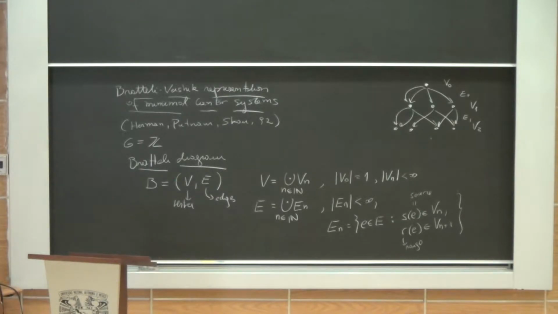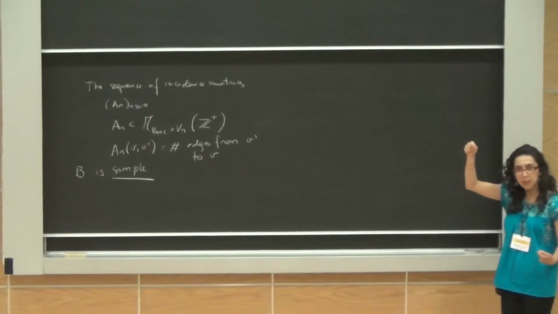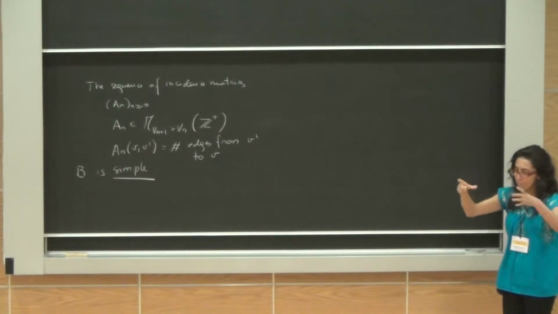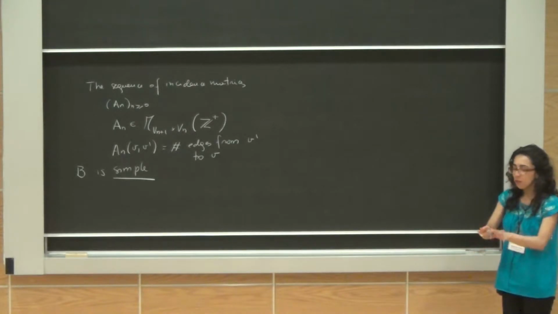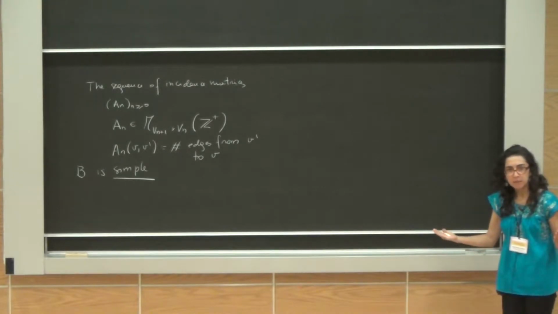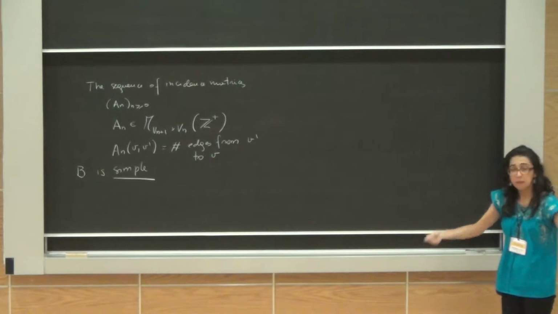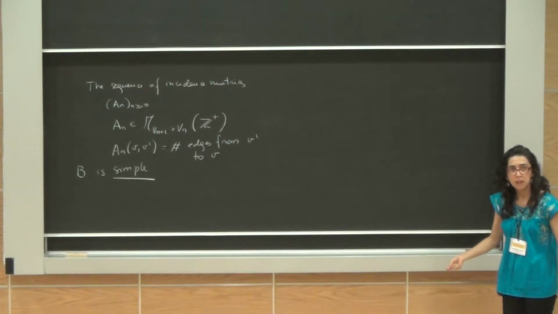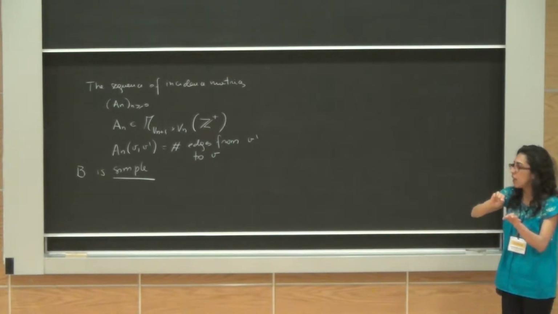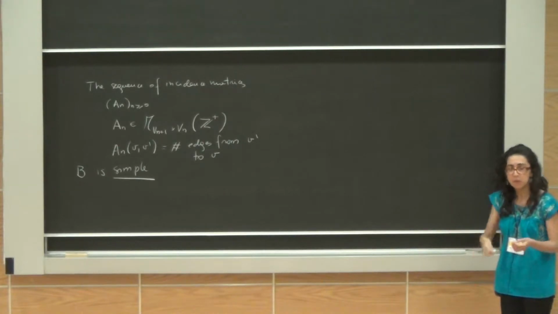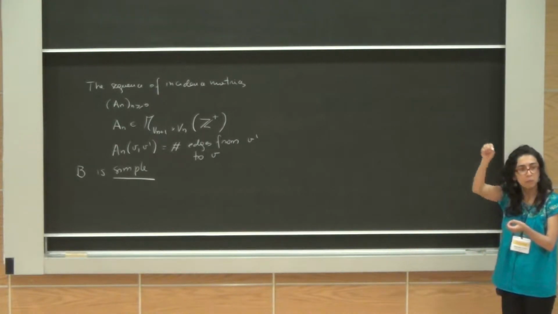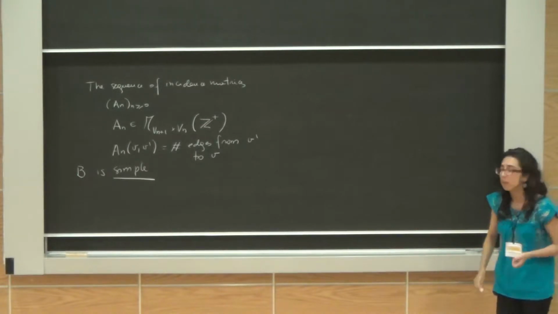but another thing before defining this. When you have a Bratteli diagram, you can construct another Bratteli diagram by taking a subsequence of vertices. And instead of taking the edges of the Bratteli diagram, you take the paths between the subsequence of vertices.